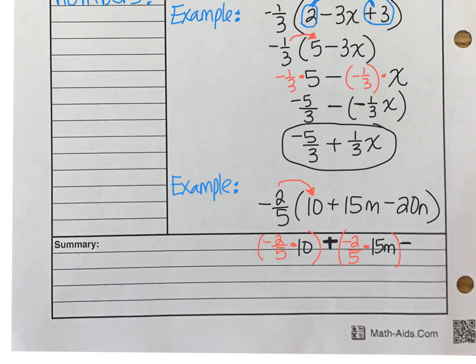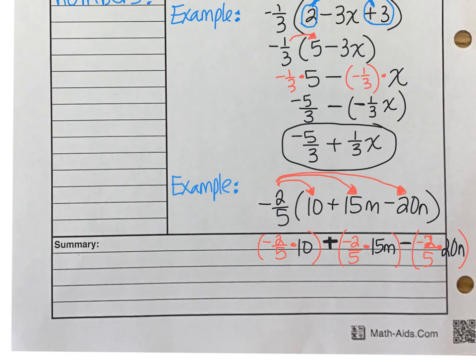Minus, I'm going to take my -2/5 and I'm going to multiply by 20n. So you'll notice here that my -2/5 has been distributed to each piece inside those parentheses. So I had to distribute it this time 3 places instead of 2.